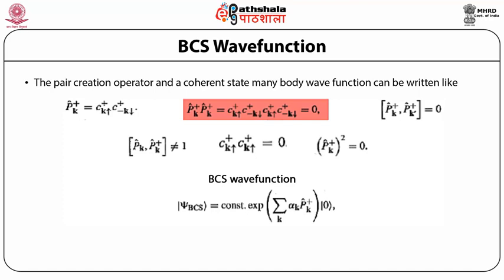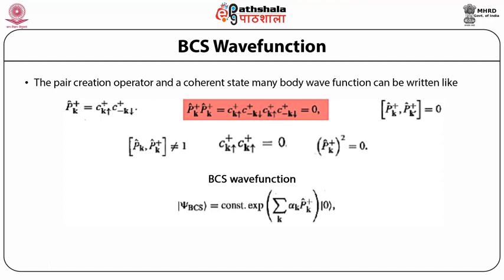You can use the basic commutator and anti-commutator relations here, and remember that the commutator of pk dagger and pk prime dagger is always equal to 0. The commutator of pk dagger is not equal to 1. ck up-spin dagger into ck up-spin dagger is equal to 0, and pk dagger whole squared is also equal to 0.